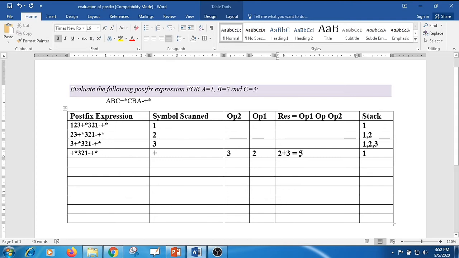This answer is pushed onto the stack, so the stack now has 1 and 5.